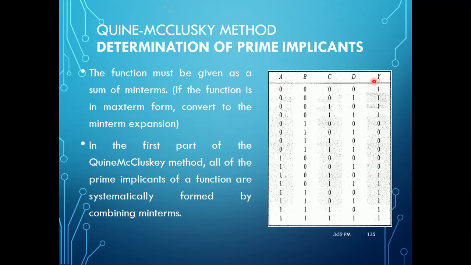It is a 4 variable truth table with the output variable y. Min term 0, min term 1, min term 2, min term 3, and so on up to min term 15. Here you don't have anything, that is all zeros. So the expression includes only these min terms, that is, those with ones, because they are writing the sum of min terms.